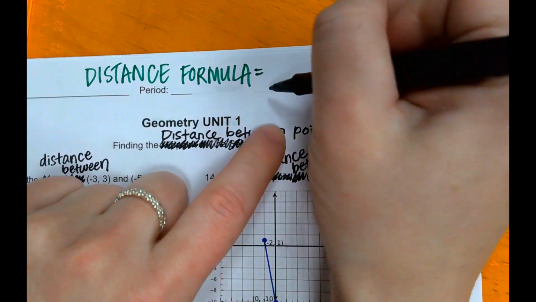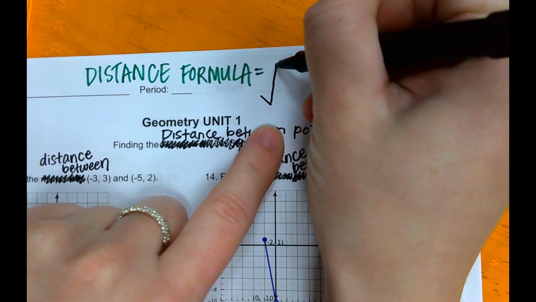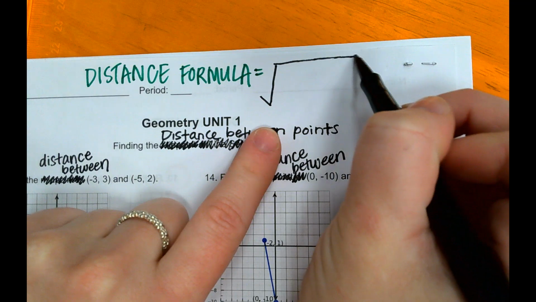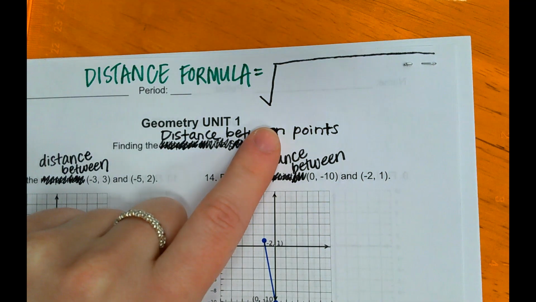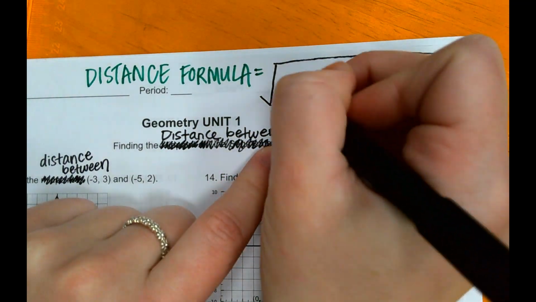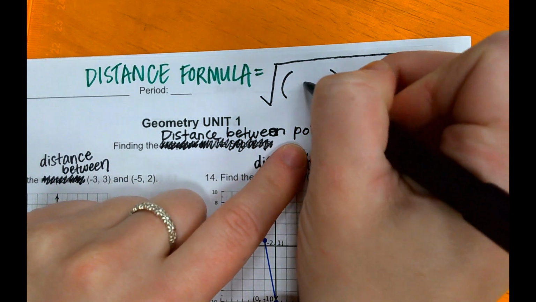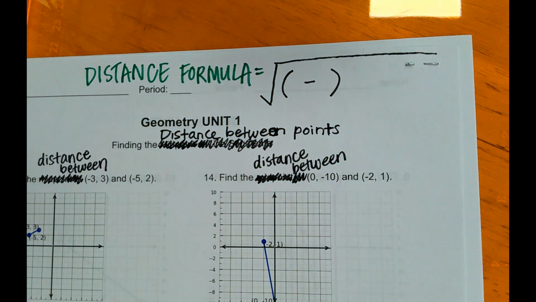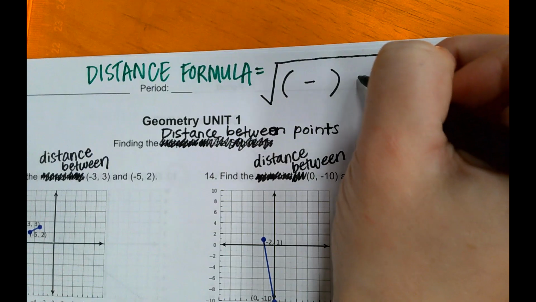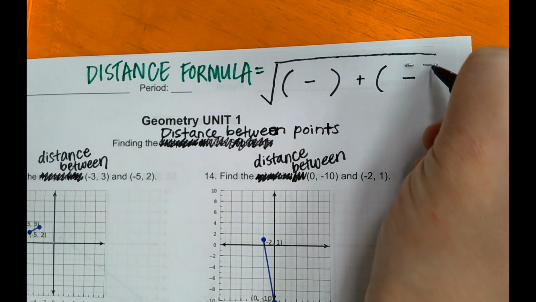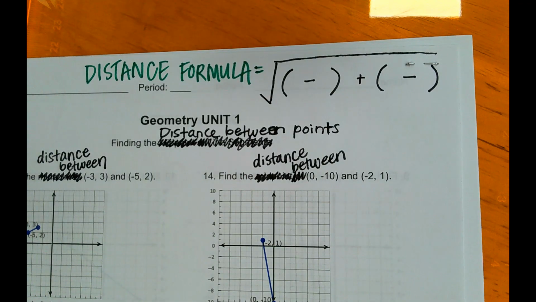It looks like this. We're going to start with a big square root, like that. And inside your square root, two sets of parentheses, like this.